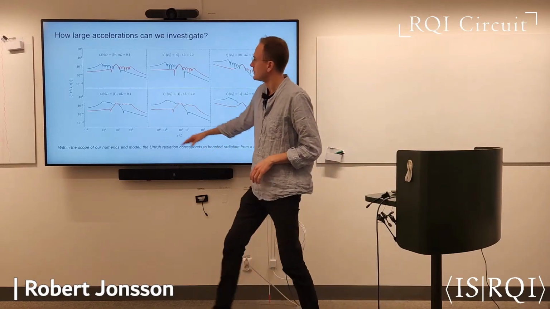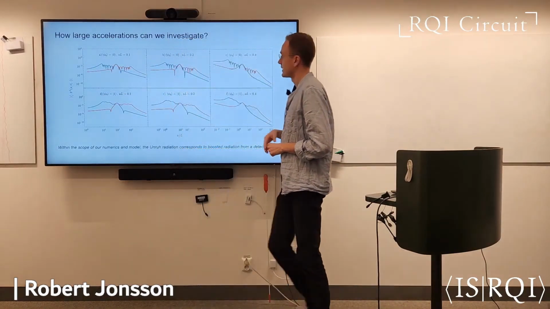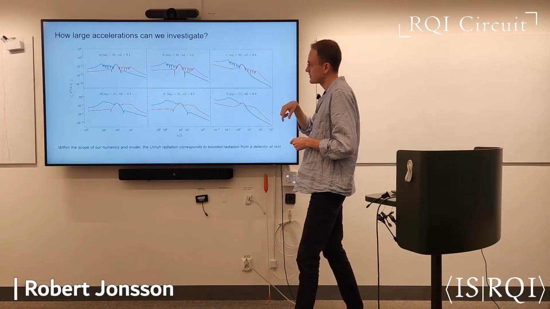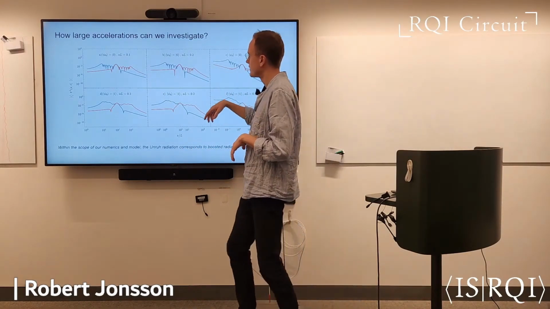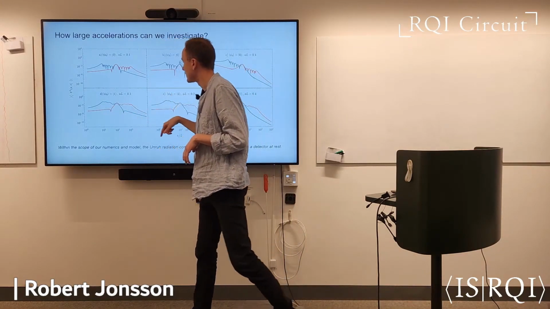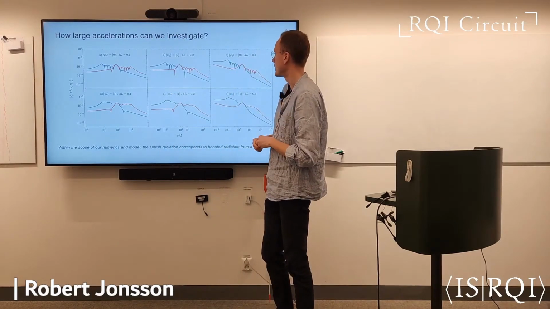Here in a log plot, now only the harmonic oscillator, for higher and higher accelerations, you see they're rather regular. You also have a nice symmetry between left and right moving radiation, and in fact you can show that this has to be that way.